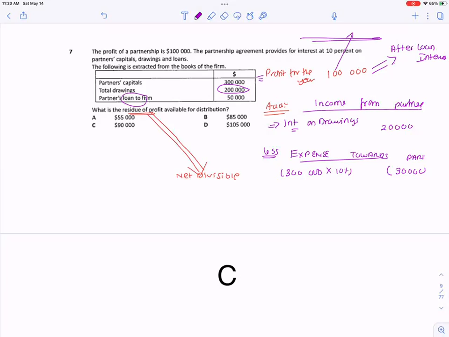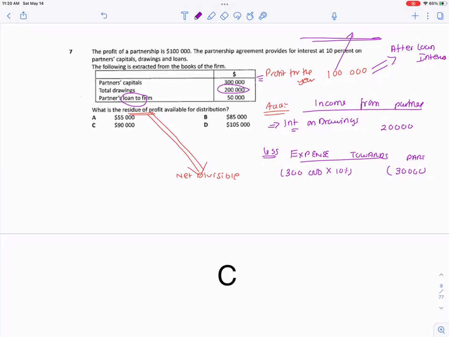Yes or no? We have not yet subtracted the interest on loan from the income statement.